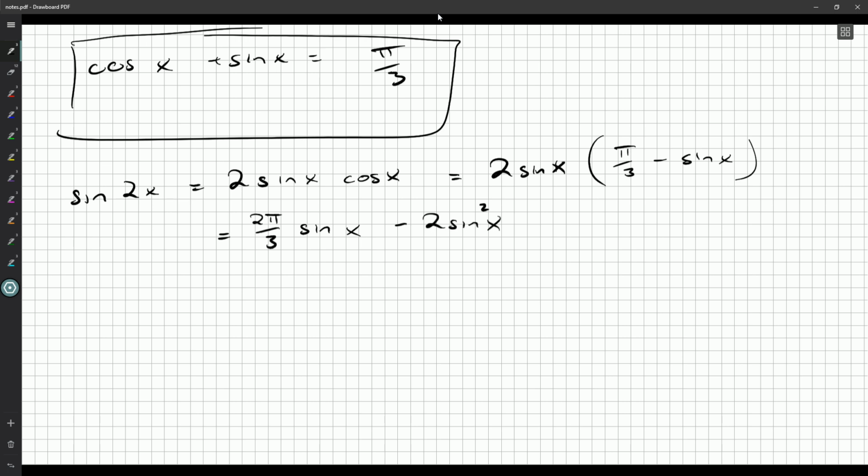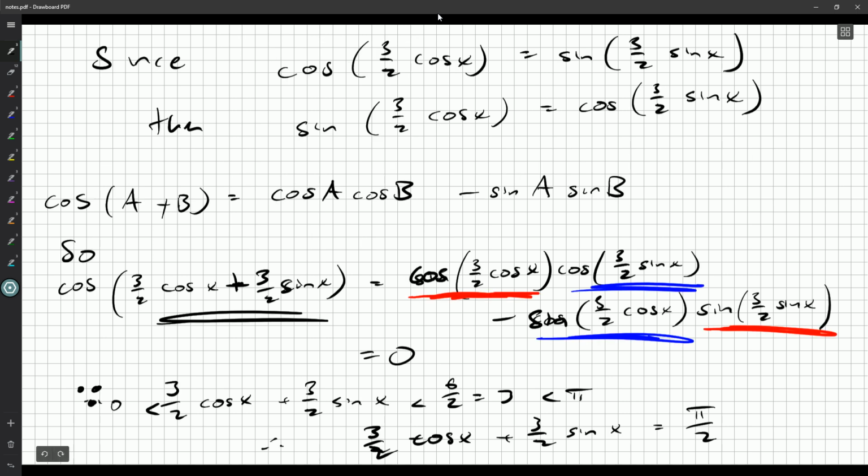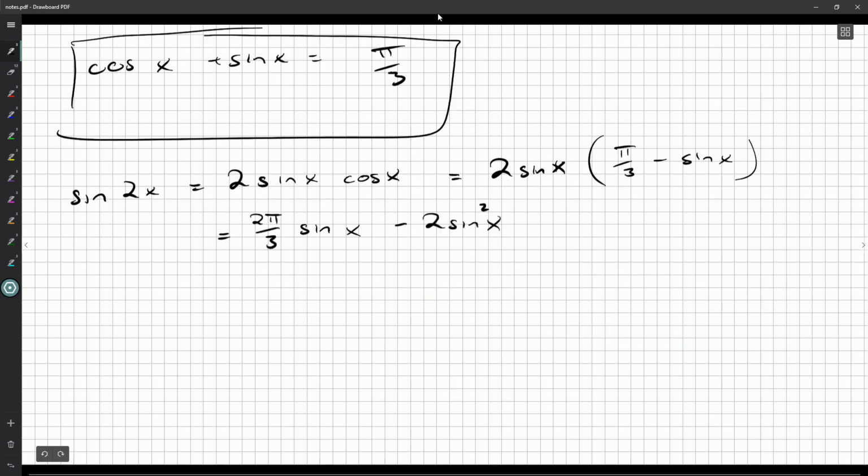And there aren't really other formulations for sine 2x. Cos 2x, as I've already remarked, has a few of them. Although, now that I know that sine plus cos is pi/3, could we go back and use that? We can try it out.